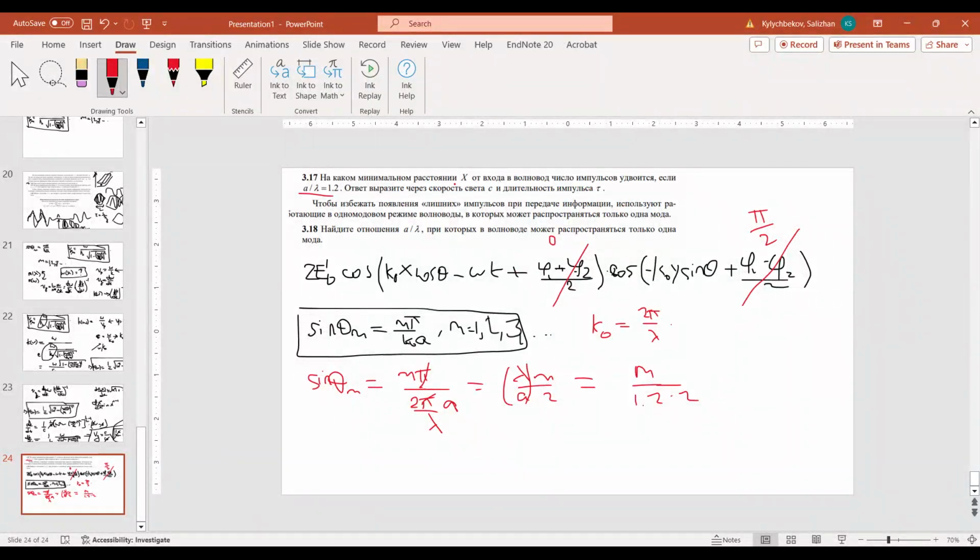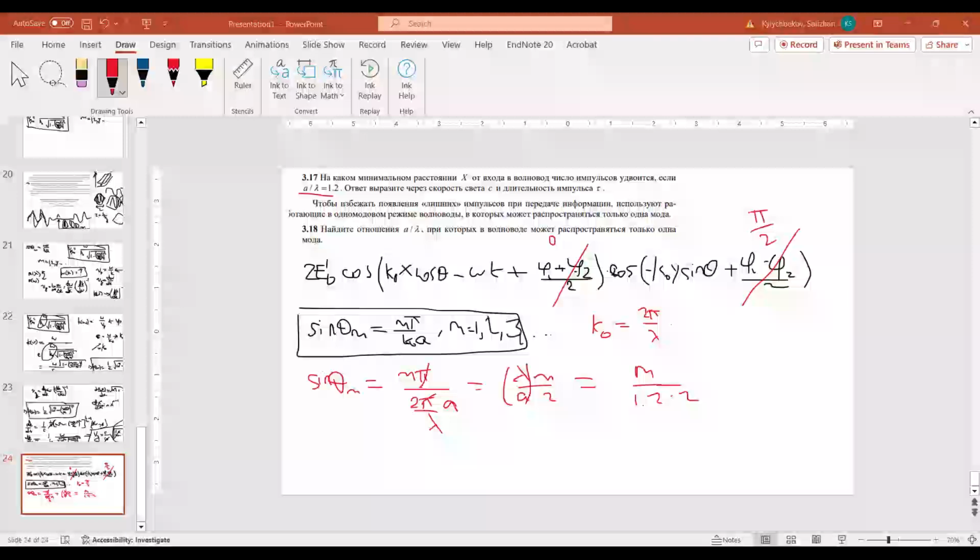At what minimum distance x from the entrance to the waveguide will the number of pulses double? Pulse. What does it mean? It's the English version saying. Let me copy paste it.